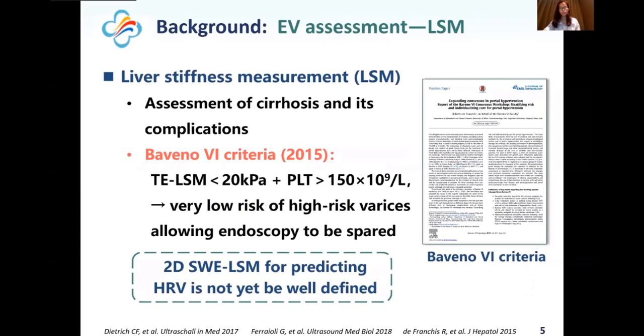Patients with a stiffness of less than 20 kPa measured by TE and a platelet count of more than 150 billion per liter have a very small risk of displaying high-risk varices, and EGD examination could be safely avoided. But due to the limited studies of 2D-SWE, LSM measured by 2D-SWE for predicting high-risk varices has not been well defined.